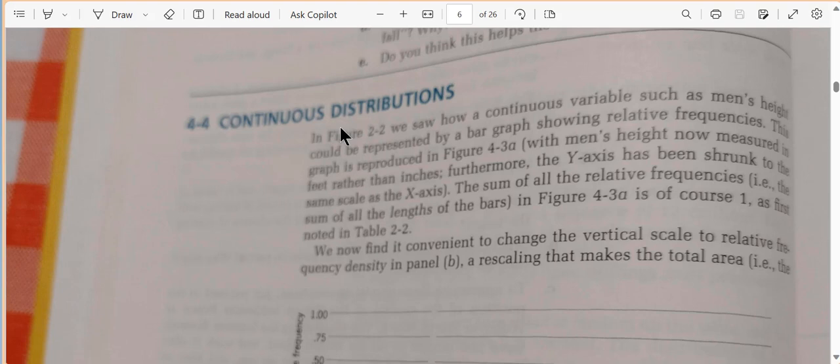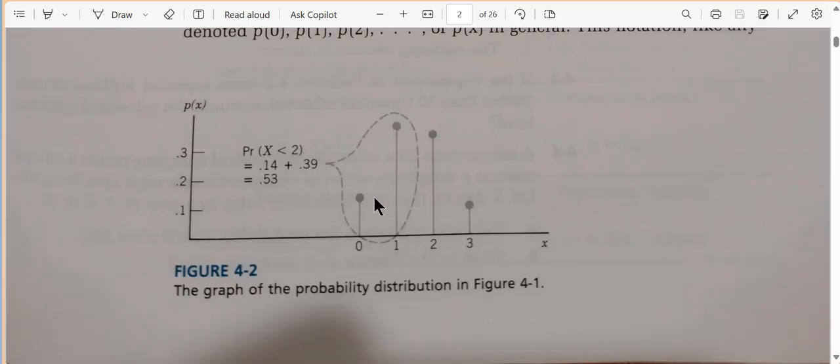So in a sense, it's an infinite number, and that infinity is represented by the real number line. We call that kind of variable a continuous variable, and the probability distribution for that variable is a continuous distribution. In other words, we can't use a graph like this. Here we only have 4 possibilities, but for a continuous variable we'd need a graph for every possible value on the x-axis, so you have to treat things differently.